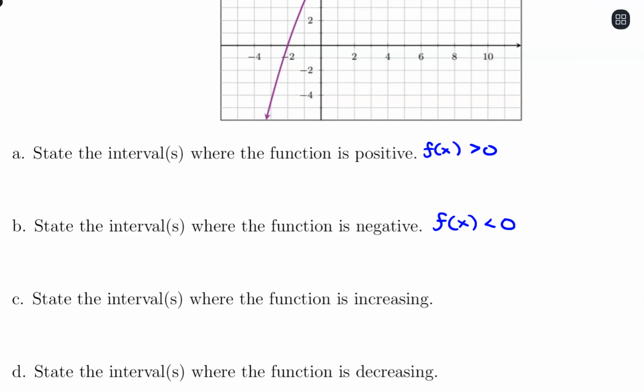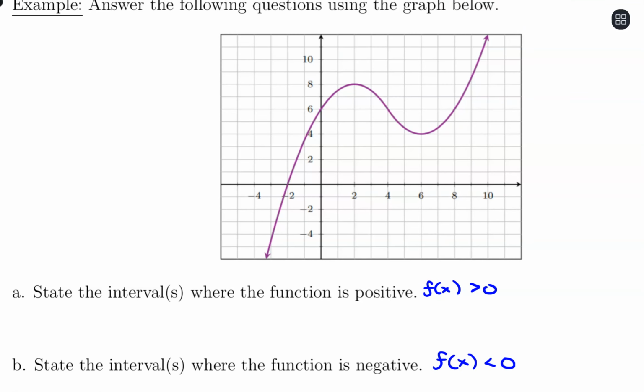What's going to separate these positive and negative f(x) values is our x-axis. Anything above the x-axis, that's where f(x) is positive. Anything below the x-axis, f(x) is negative.